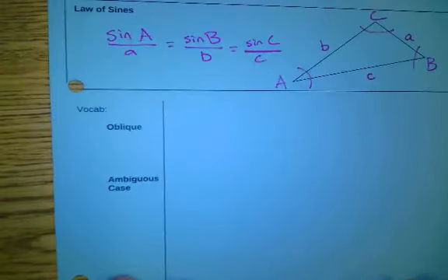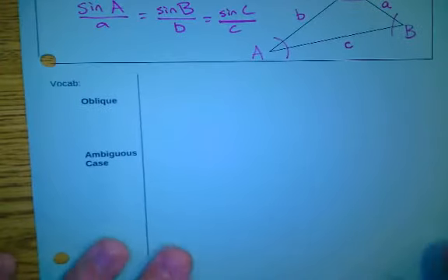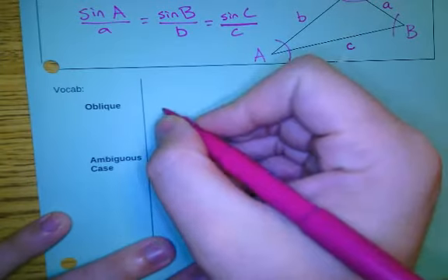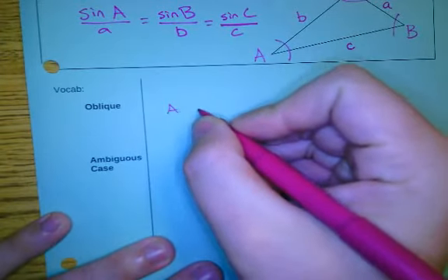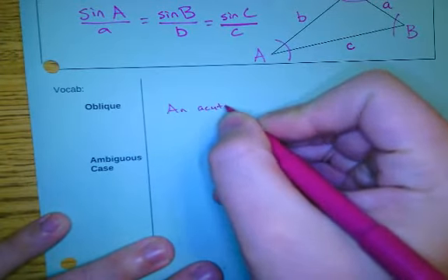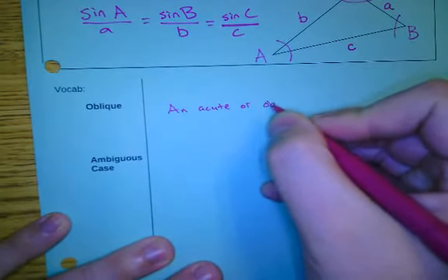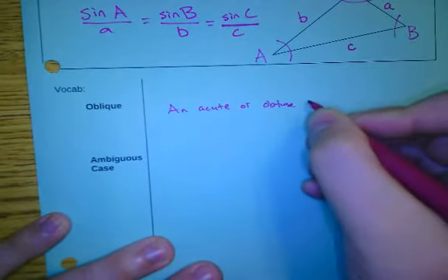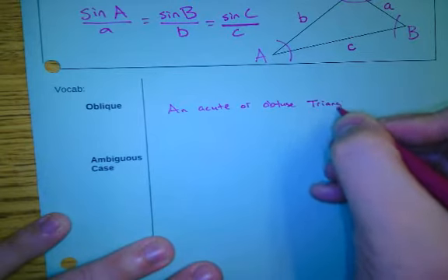Okay, let's go over some basic vocabulary. Oblique is an acute or obtuse triangle.